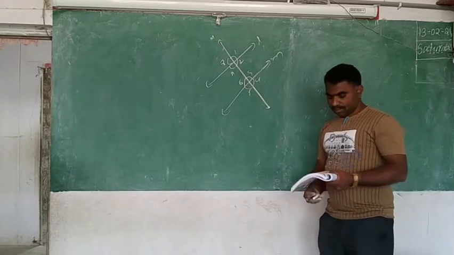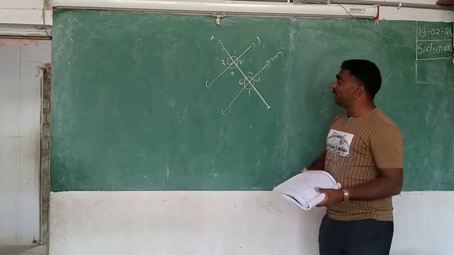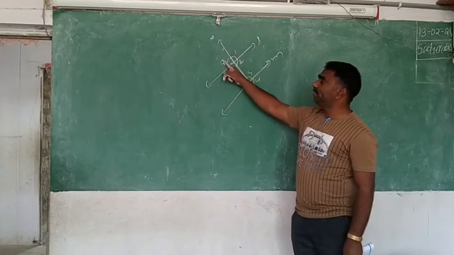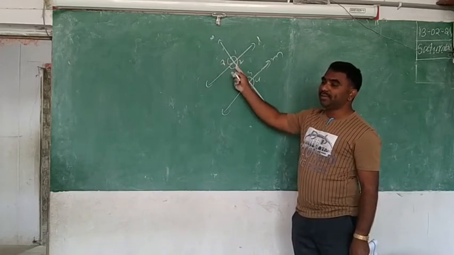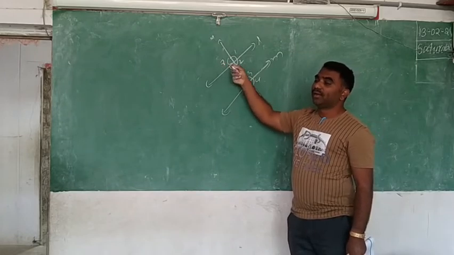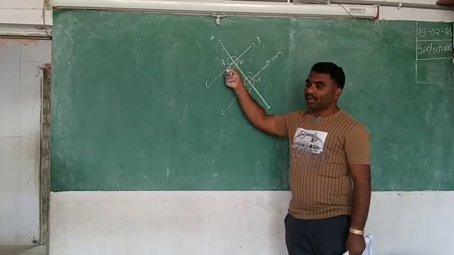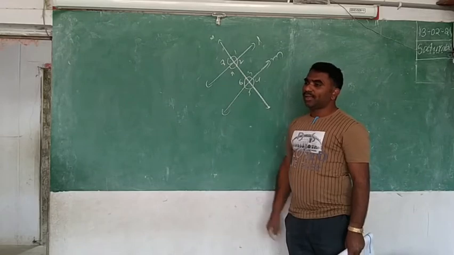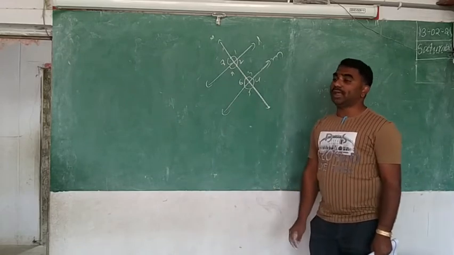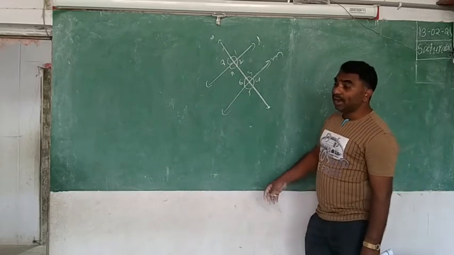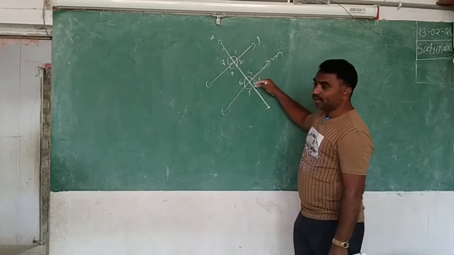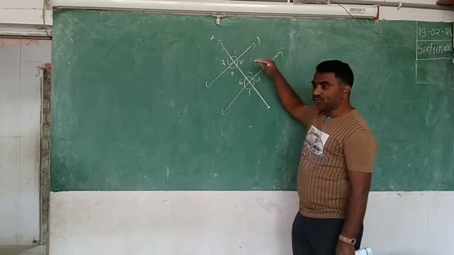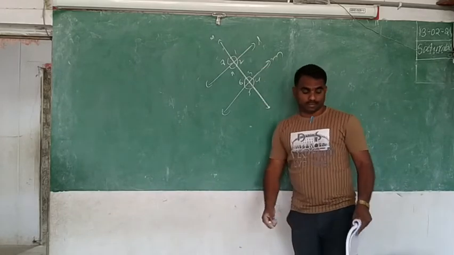Angle 2 is 90. Then what is 8? 90. Why? Because they are vertically opposite angles. Alternate and corresponding we will discuss when one is here and one is on the other side.